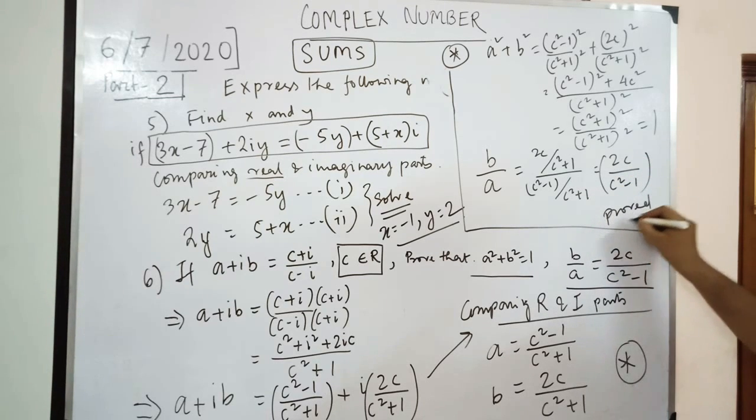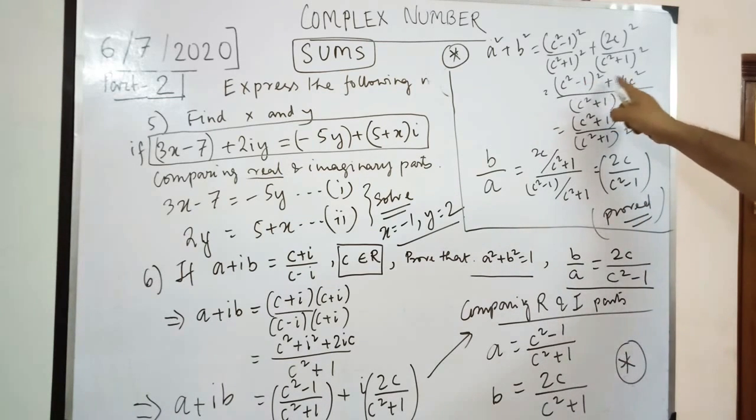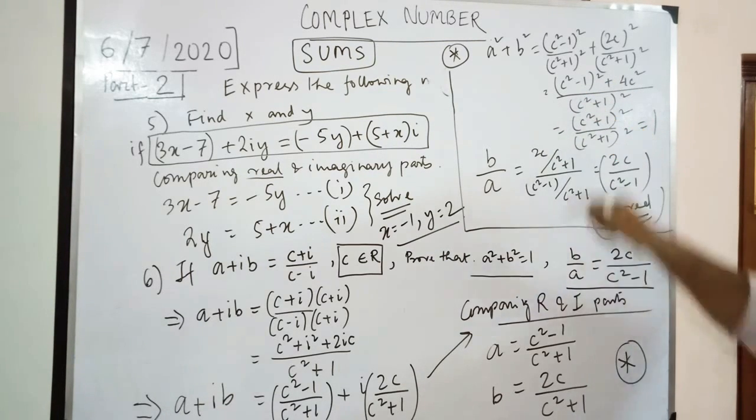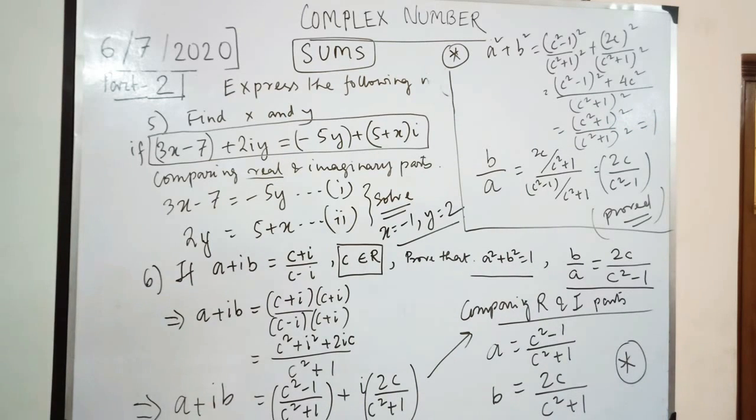So both of the parts are proved over here. This formula I hope you understood, because when you open up, what happens? It becomes c to the 4 plus 1 minus 2c square. This minus 2c square, here you get plus 4c square. You get plus 2c square. So it becomes eventually this thing. Okay, so let us proceed to the next sum.